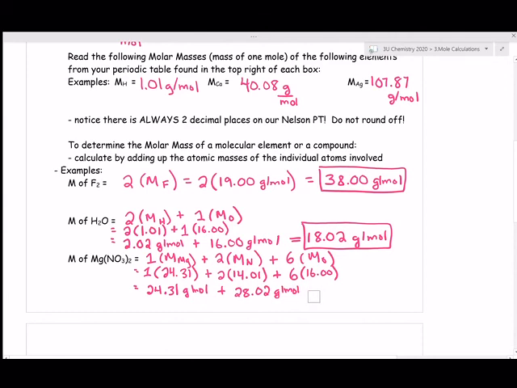And then 6 times 16 is 96. And if you carefully do that on your calculator, you should end up with 148.33 grams per mole, which is our molar mass of magnesium nitrate.